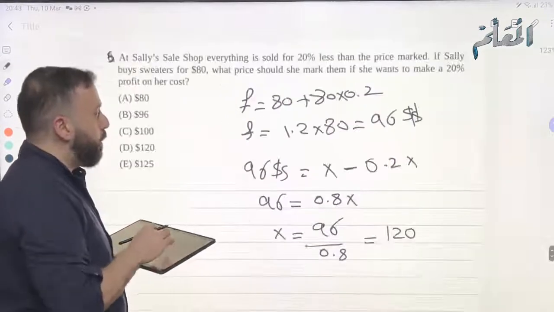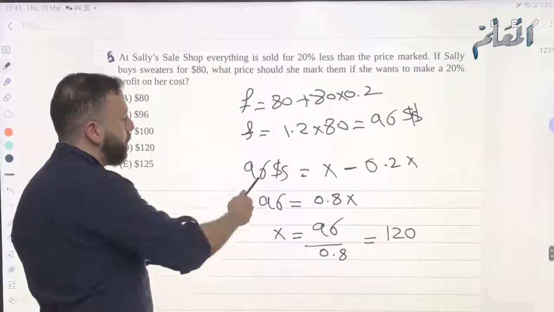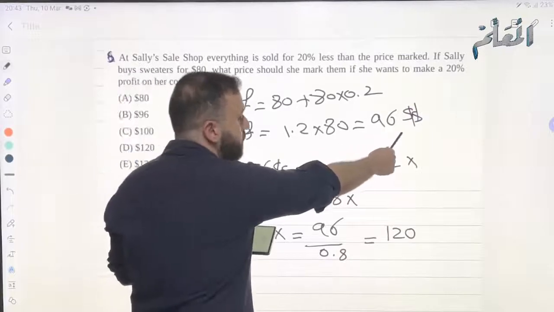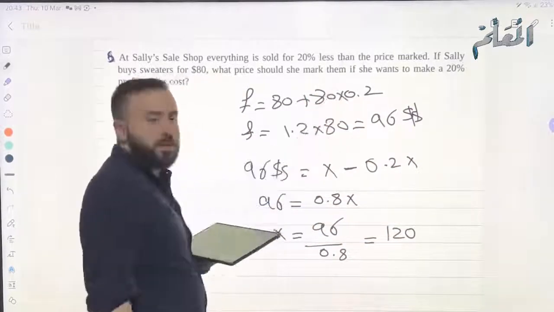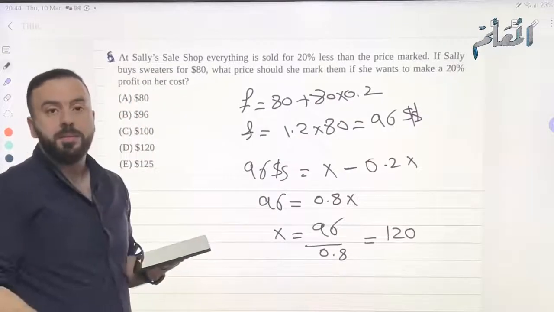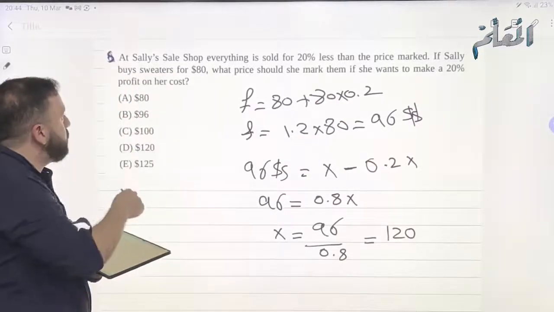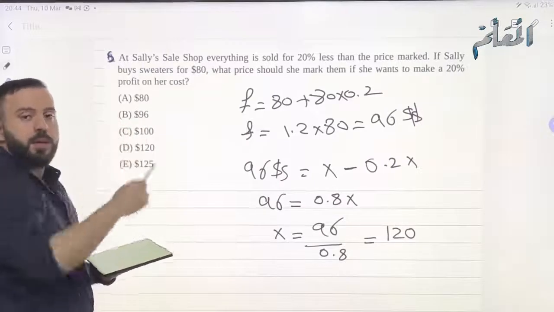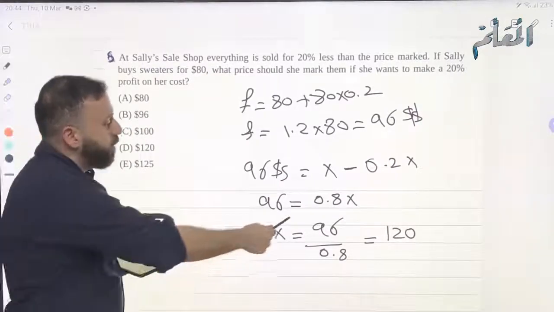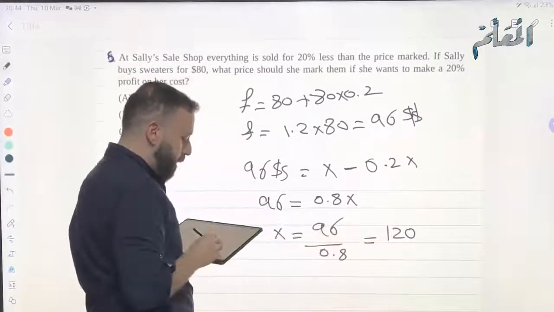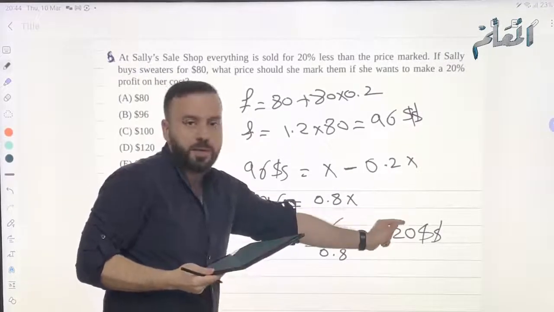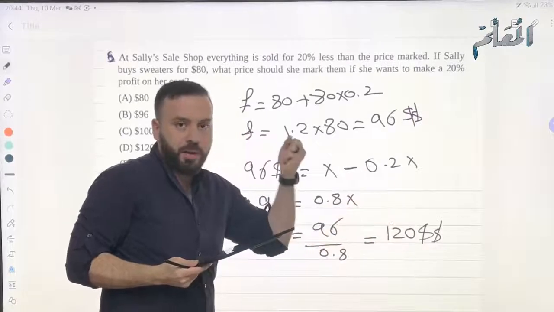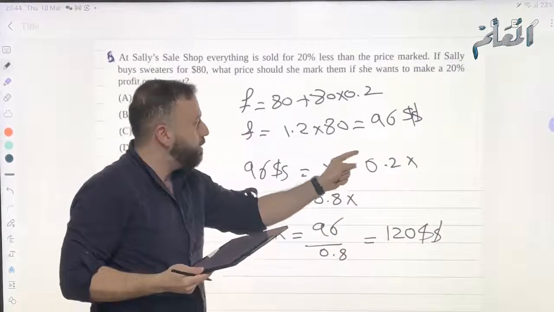So the problem with the question, as you can see, is that in the first step I got 96. The majority of the students are going to get 96. But this is a problem because 96 is already in the multiple choice, so many will choose B. But if you work with $120 and you multiply the 20% times 120 and take the discount off, you will get 96.